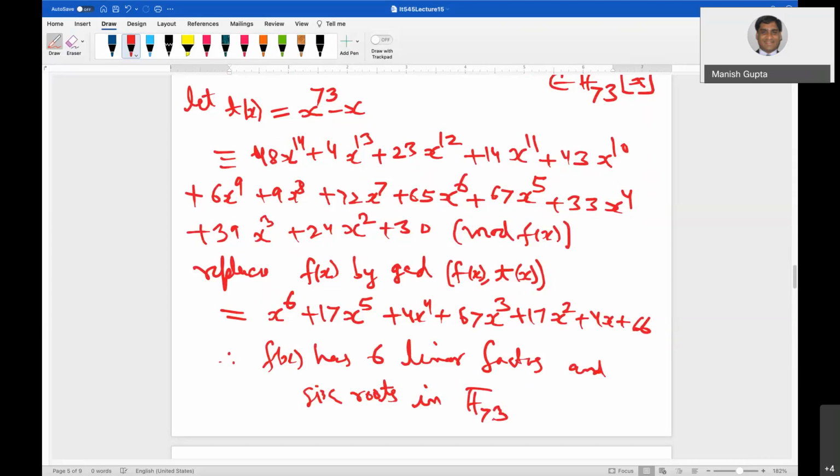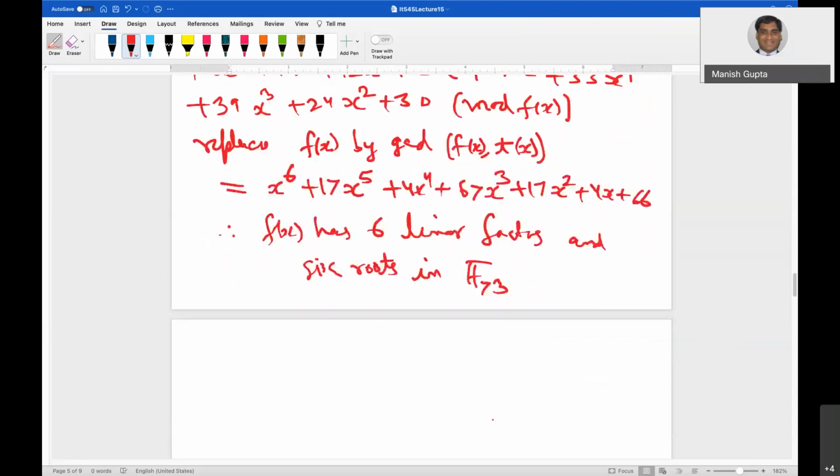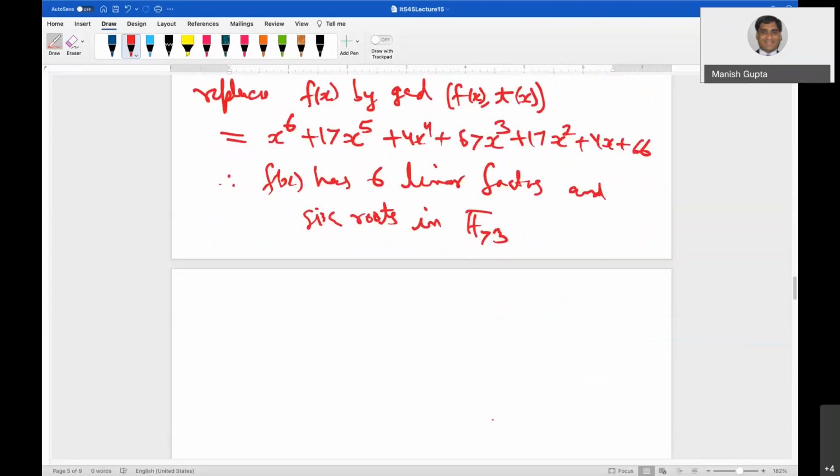We need to find all these 6 roots and 6 linear factors of this polynomial x raised to 6 plus 17 x raised to 5 plus 4 x raised to 4 plus 67 x cube plus 17 x squared plus 4x plus 66. So a little larger, but it's not difficult.